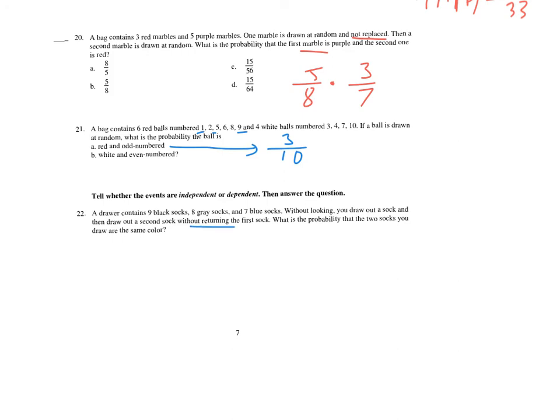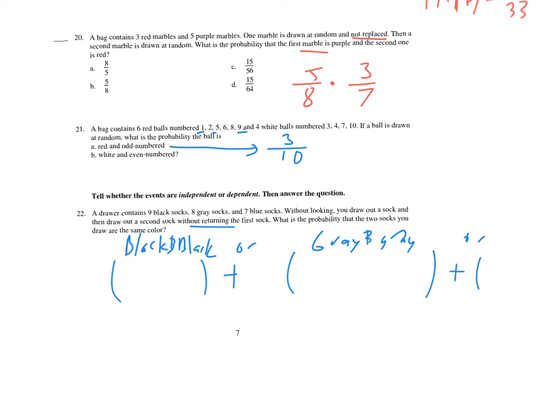All right, 22 here. We draw a sock, we don't return it. Okay, the 2 socks we saw are the same color. All right, so actually this one is kind of a tough one, so we need to do black and black, or it could be gray and gray, or it could be blue and blue, since all of those would be the same color socks.